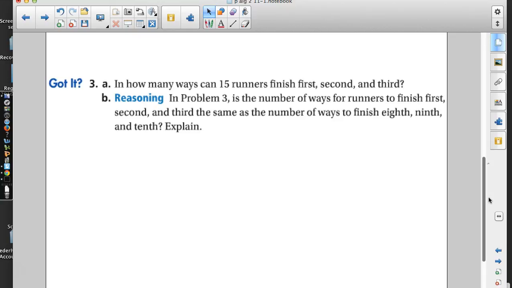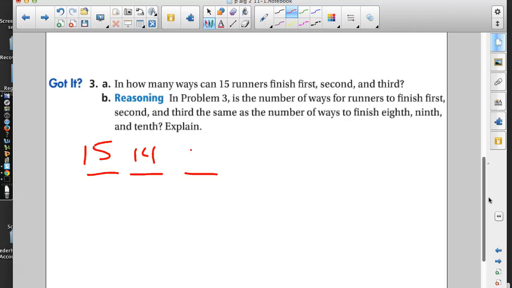How many ways can 15 runners finish first, second, third, everybody? What'd you get? 2,730. So, okay, I'm interested in this. How many people used the fundamental counting principle on the slide? Okay. So, the rest of you all used permutations.